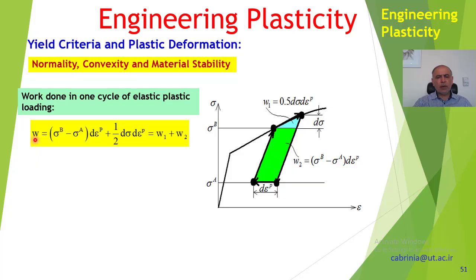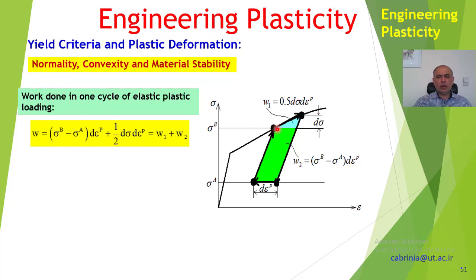Now we can write down, moving from sigma A to sigma B, the work done in one cycle of elastic plastic loading from sigma A to sigma B. We have this elastic loading and this plastic loading. Okay, so we have here (sigma B minus sigma A) d epsilon P, which is this green part, the epsilon P. That is the work done.